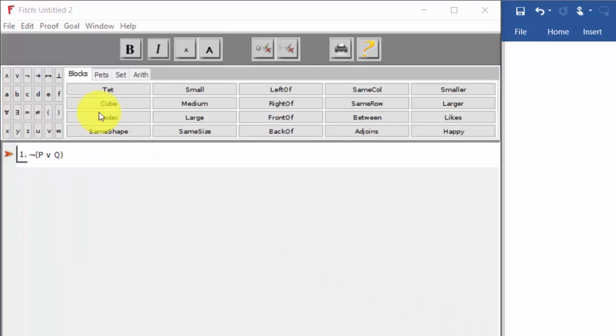All right, so in this example, we have one premise, and the premise states that it is not the case either P or Q. So it is a disjunction that is negated. And what I want to try to prove to you is that if 1 is true, then P has to be false.